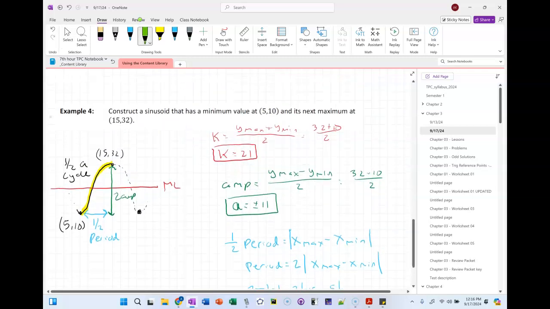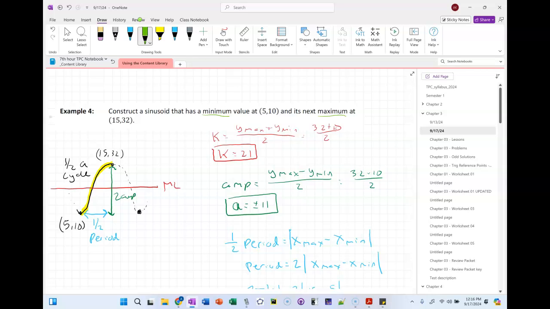Since these points are both extrema, min and max, which function am I going to use? Cosine or sine? Cosine goes with mins and maxes. Sine goes with either a free point, like the last one, or a midline point. Okay? So we're going to use cosine.